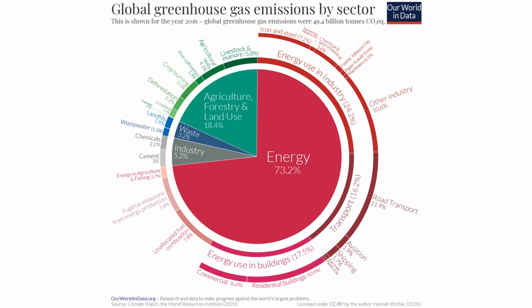Within the transport sector, we're looking at 16.2% of greenhouse gas emission. Energy use in buildings has 17.5%, unallocated fuel combustion has 7.8%, fugitive emissions from energy production from coal has 1.9%. So I will include the link to this report in the description box.